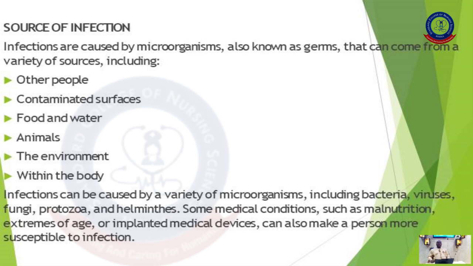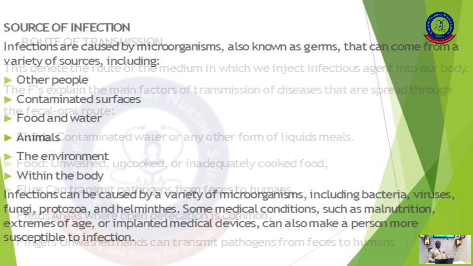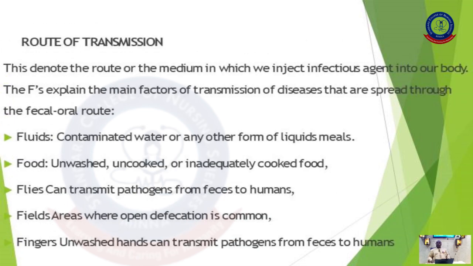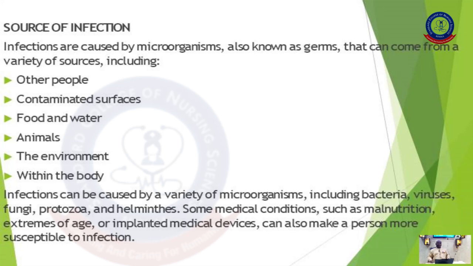You can transmit fluids from one person to the other, and the fluids are already contaminated with infectious agents, such as the viruses that cause HIV, hepatitis, and the rest of them.